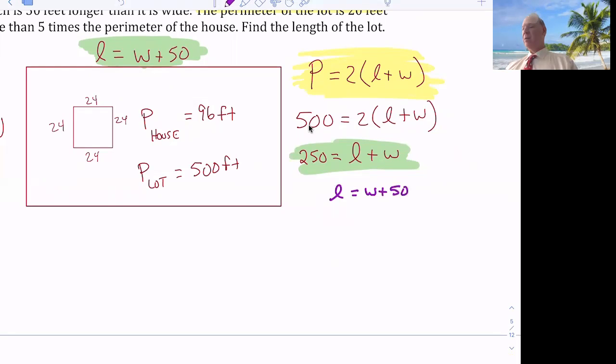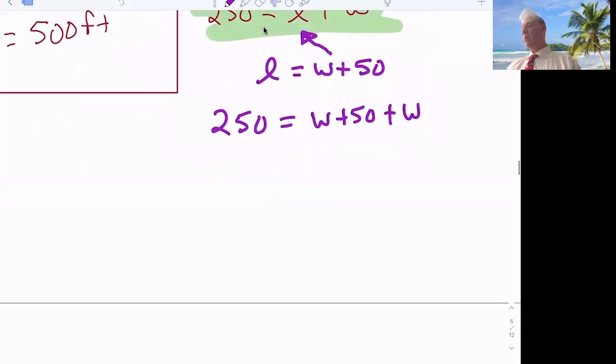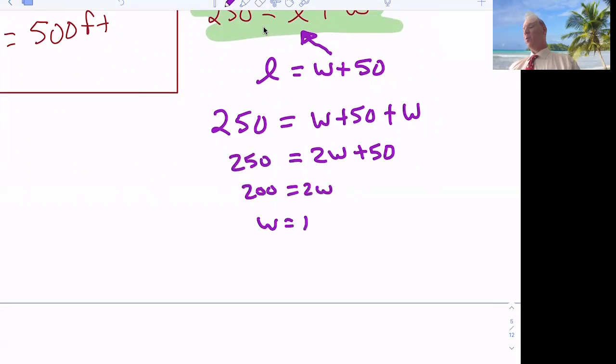So I'm putting that in right here, and when I do that, I end up with 250 is equal to W plus 50 plus W. So that gives me 2W plus 50 is equal to 250. 200 is equal to 2W, so the width was actually 100.